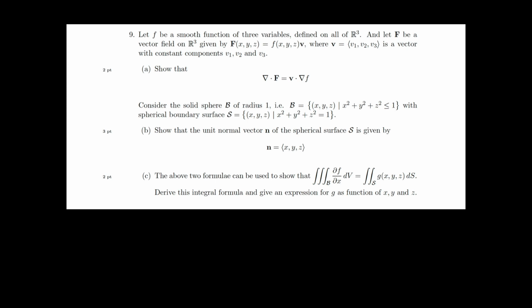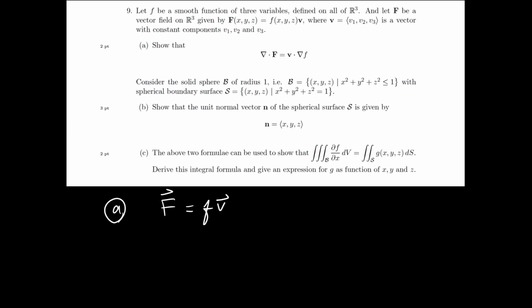So let us start with part A. Okay, A. Well, we know that the vector field is equal to some function f times the constant vector v. And so we can simply take a divergence of this, which is then the divergence of f v. And then in our list of vector differential identities, we see that we can calculate this divergence using rule number b.